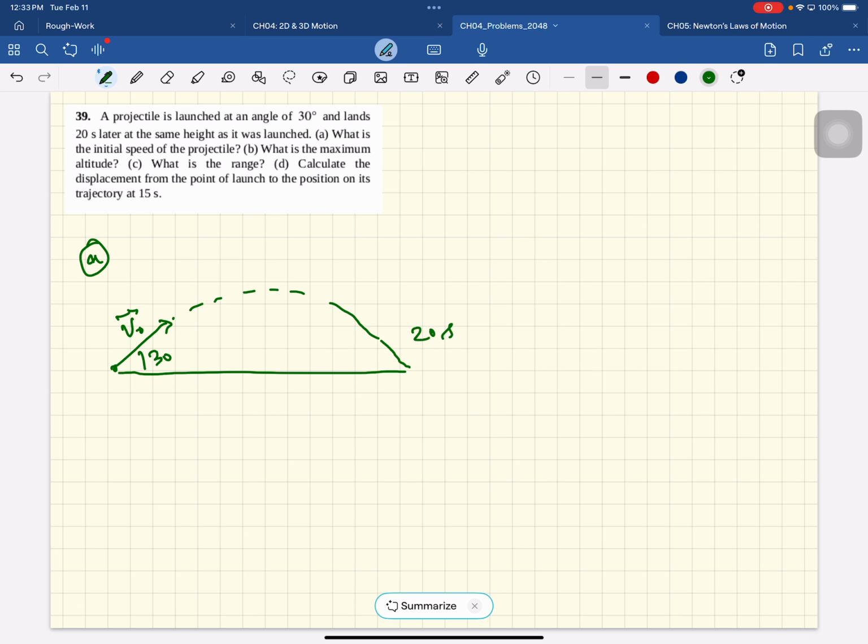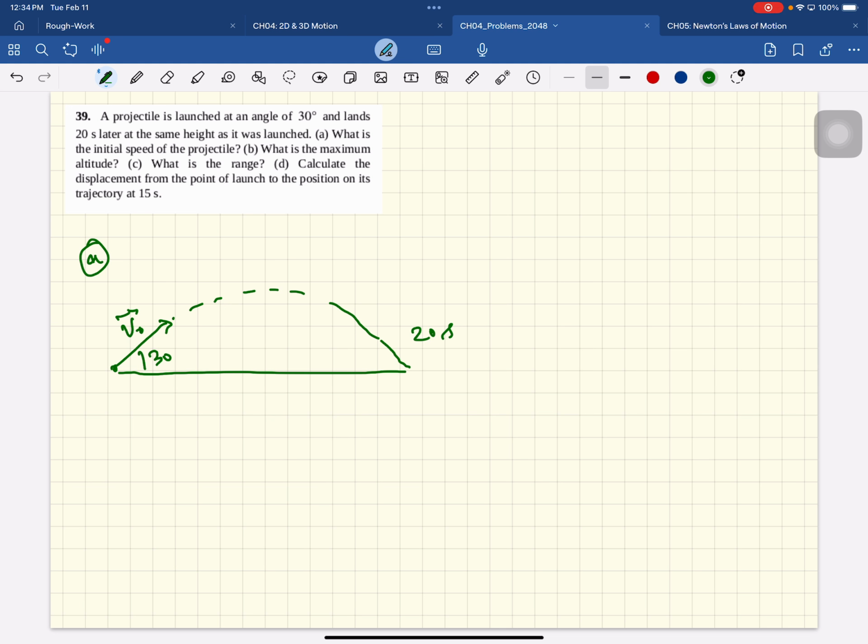And 20 seconds later. So what they're asking you for is the initial speed. Here's a couple of things: the initial y location and the final y location are the same. And the speed is what they're asking you, and that's one unknown.